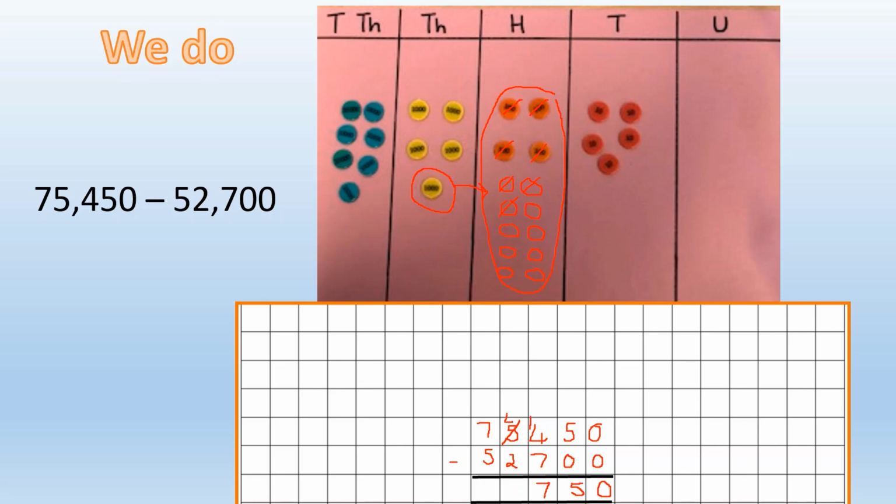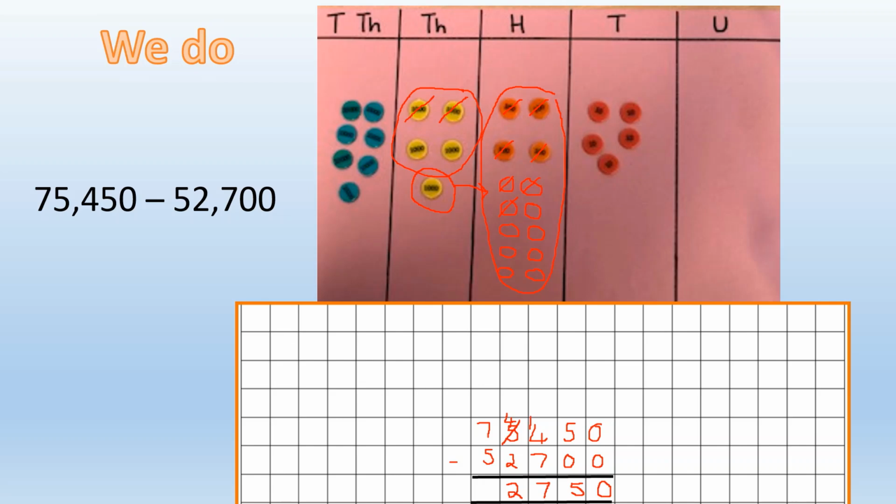Now we needed to remember there to write that we were left with 4,000 when we did that exchange. 4,000 take away 2,000. We are left with 2,000.